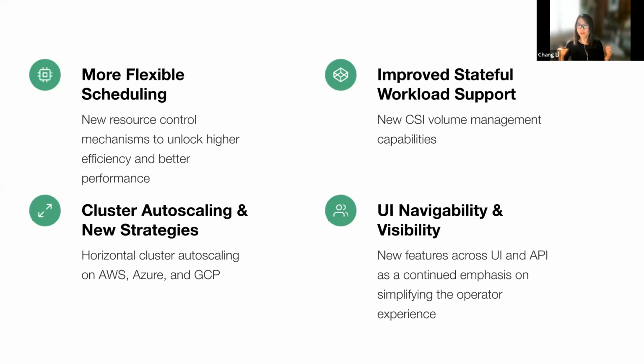If we group all the nice features into four areas: updates on the scheduler to support different resource control mechanisms to drive higher cluster efficiency; updates on cluster auto scaling and new scaling strategies to make it more flexible to fit customer-specific use cases; CSI improvements to support integration with popular storage solutions like Ceph for on-prem; and, as a continuous investment for Nomad, improving our UI experience, UI design, and API design to simplify the operator experience.